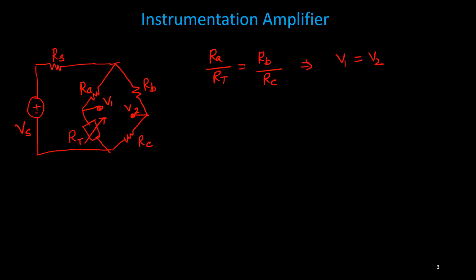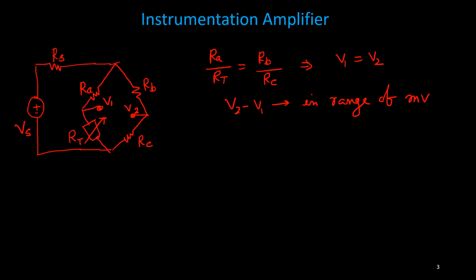Generally this V2 minus V1 difference is in the range of millivolt or microvolt. So that millivolt or microvolt range voltage we need to amplify.